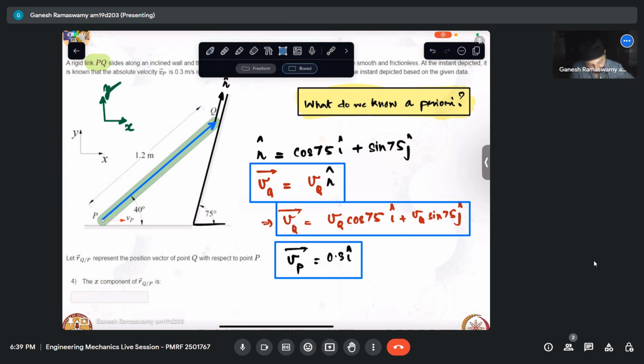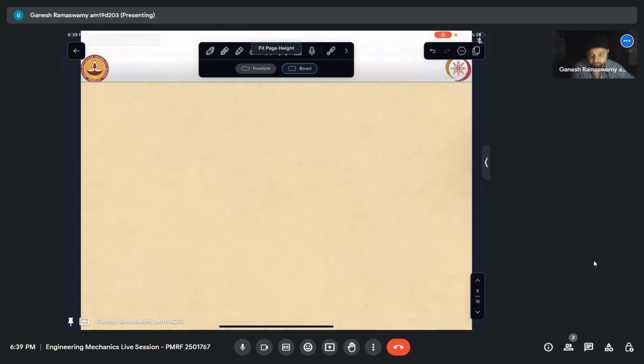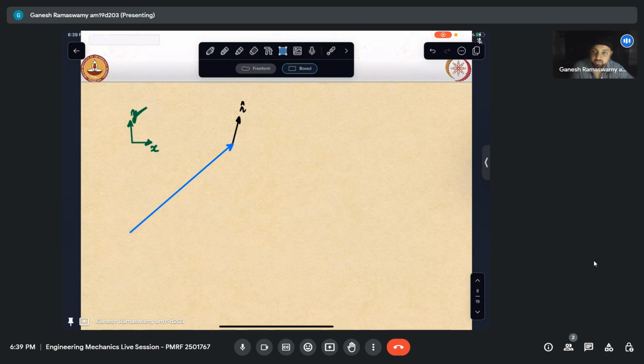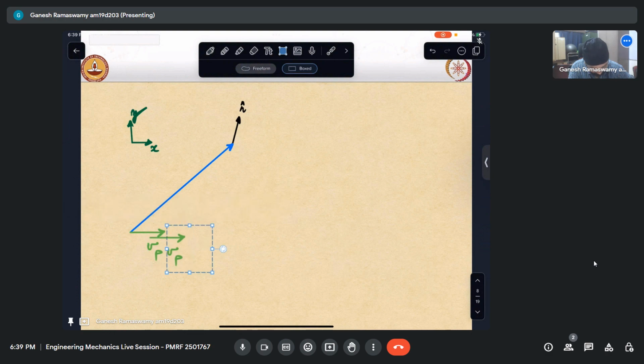Let me take a copy of this and put it here. I'll remove this. So I know that my velocity finally has to be like that. I have my velocity of P like that. So what I do is I make velocity of P go like that.